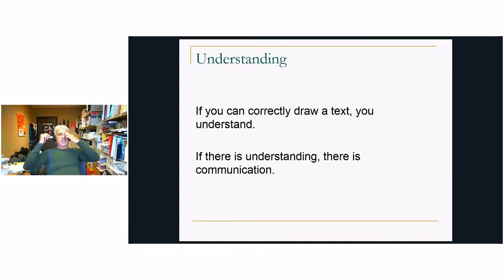So to sum up then, I claim that if you can correctly draw a text, you understand. And if there's understanding, there is communication. I'm quite sure we are able to draw any text that is provided. I did exemplify yesterday in my Skype session that it is no problem drawing Shakespeare's Romeo and Juliet.